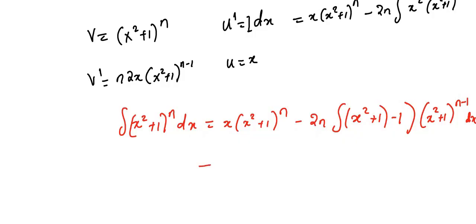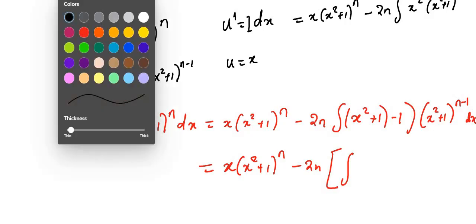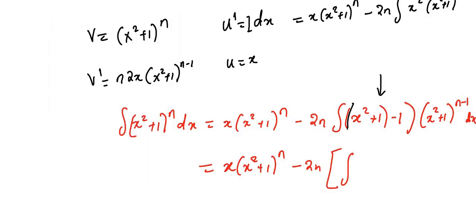Then from here we're going to multiply the part which is on the right. We're going to have x (x squared plus 1)^n minus 2n, waiting for the integral of these guys inside. So the integral of, we are now going to multiply this part, this whole thing in brackets here. The power here is 1, the power here is n minus 1. So 1 plus n minus 1 is just n. This is going to be (x squared plus 1)^n.